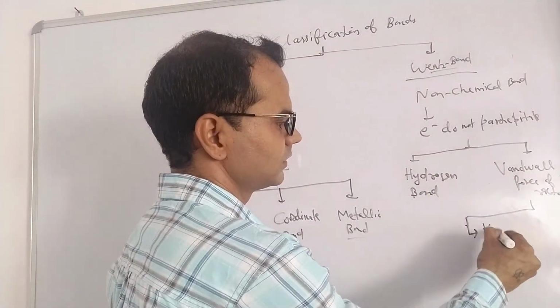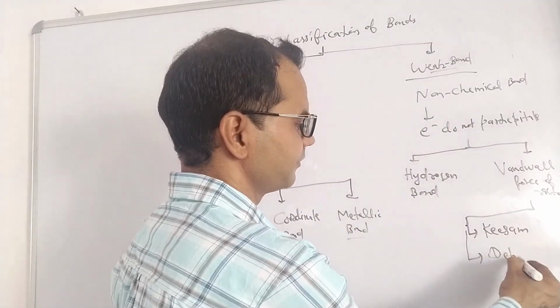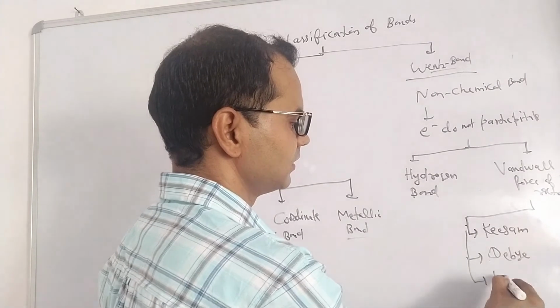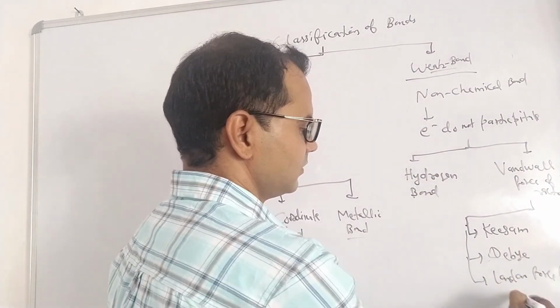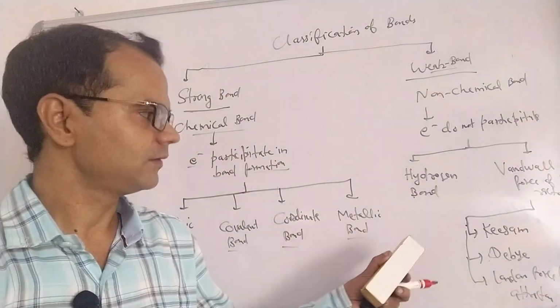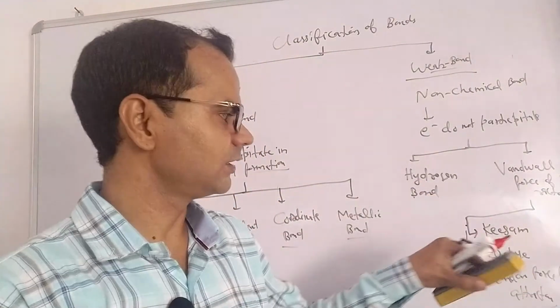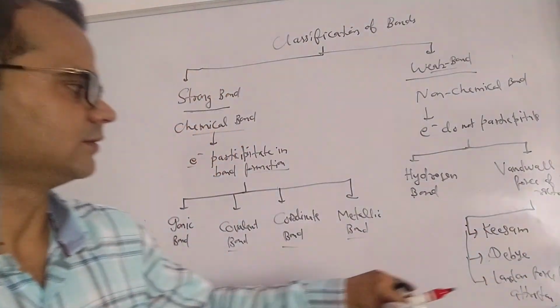First is keesom force, second is Debye, and third is London force of attraction. So van der Waals is again further of three types: Keesom, Debye, London force of attraction.